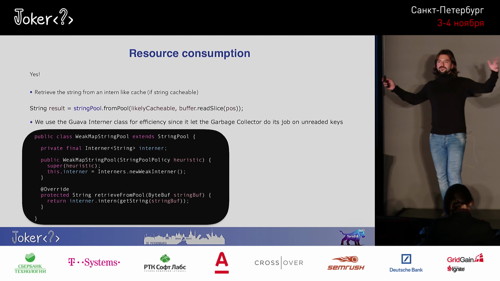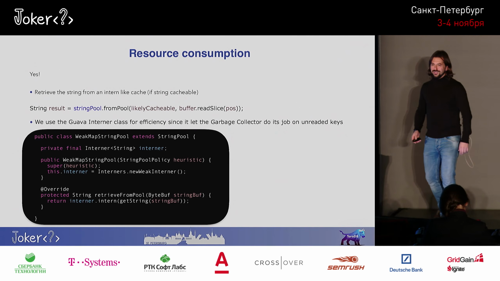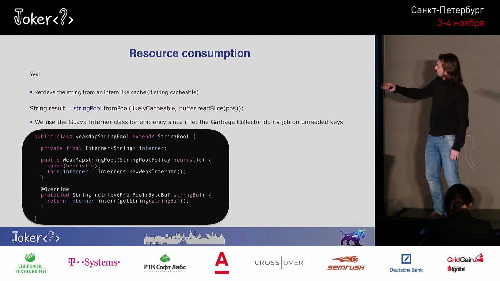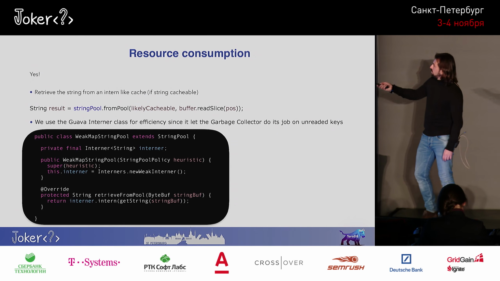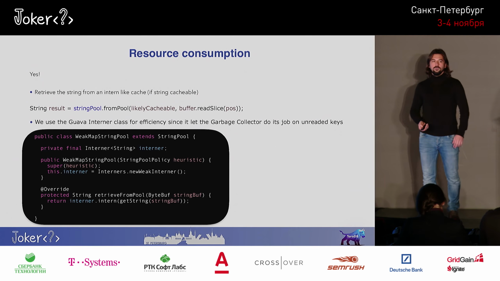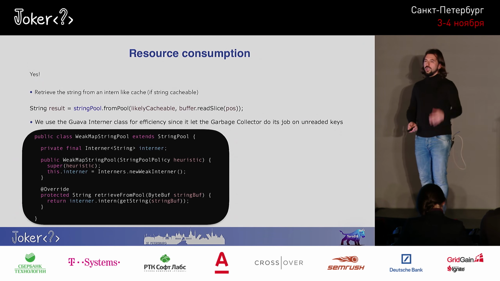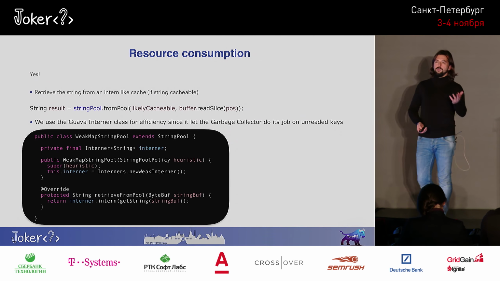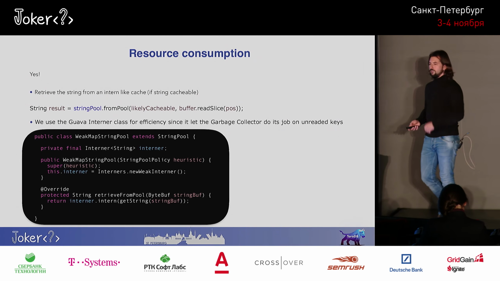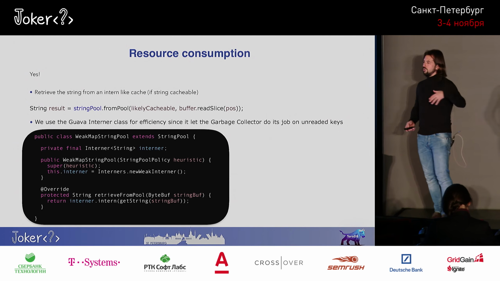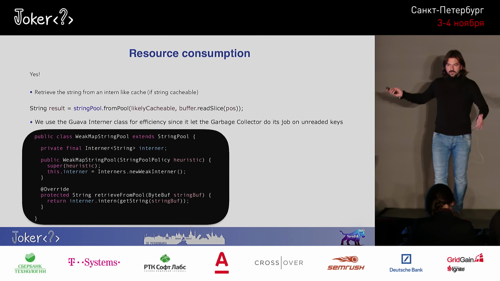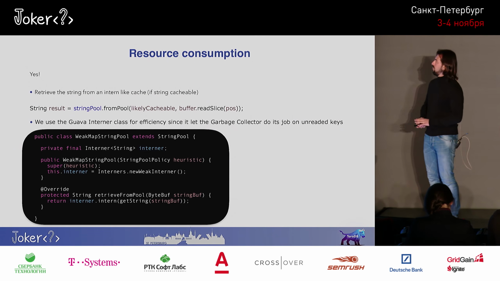So we don't have a cache of gigabytes, which can happen with String.intern. We also select, based on a policy, which strings we want to intern and which ones we don't. Basically, the very small ones we don't, because it doesn't pay off, and the big ones we definitely don't. Everything else we look at, also considering memory consumption, but that's what the policy does. It's pretty simple, and it worked really well for us.